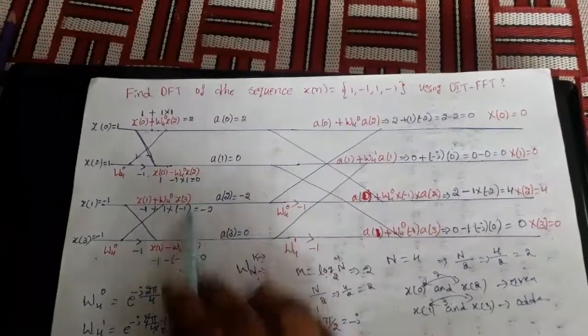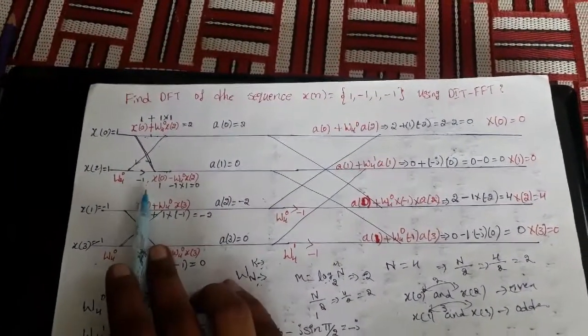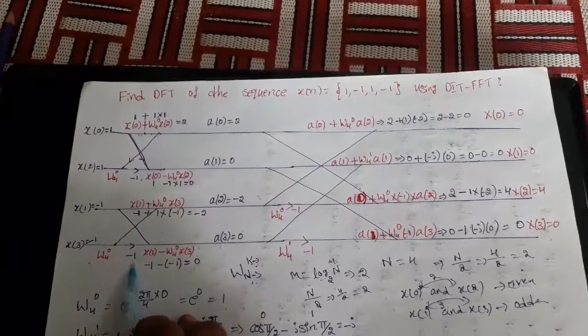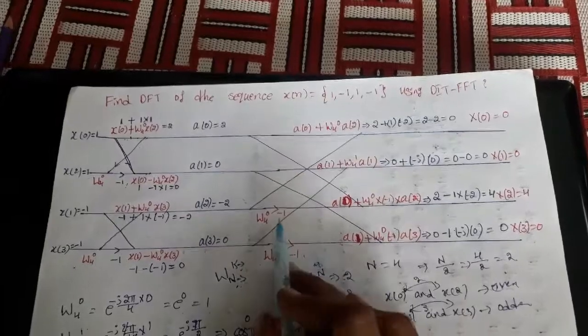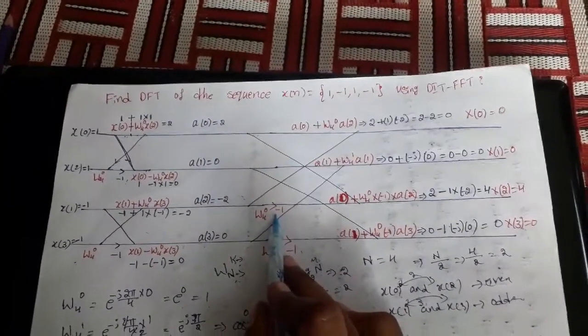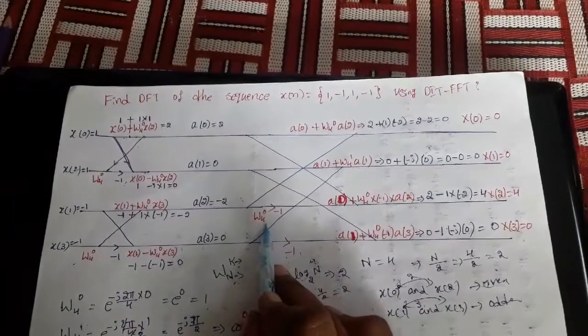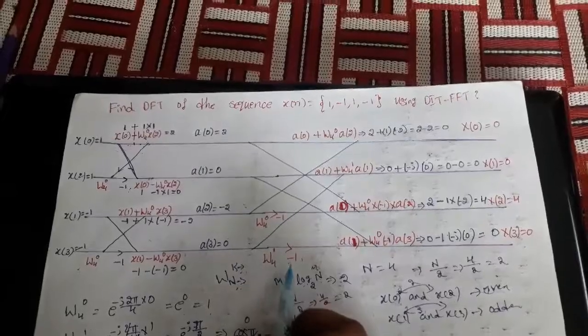In the first stage, two base terminals are there, so these are multiplied with minus 1 and W 4 to the power of 0. In the second stage, two base terminals are there, so each is multiplied with W 4 to the power of 0 and minus 1, and here W 4 to the power of 1 and minus 1.